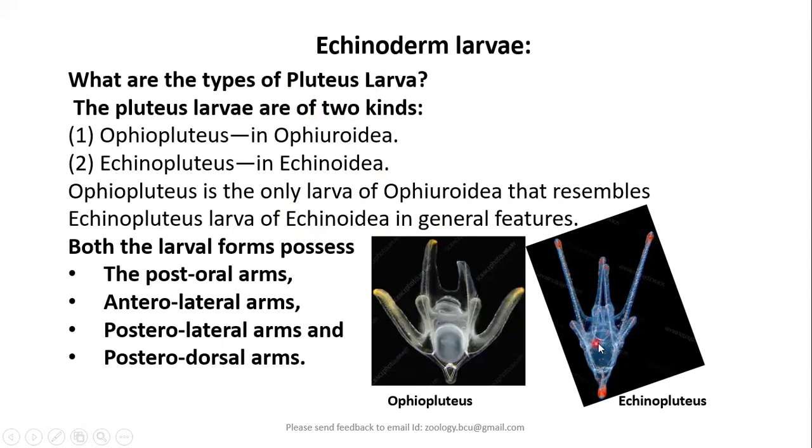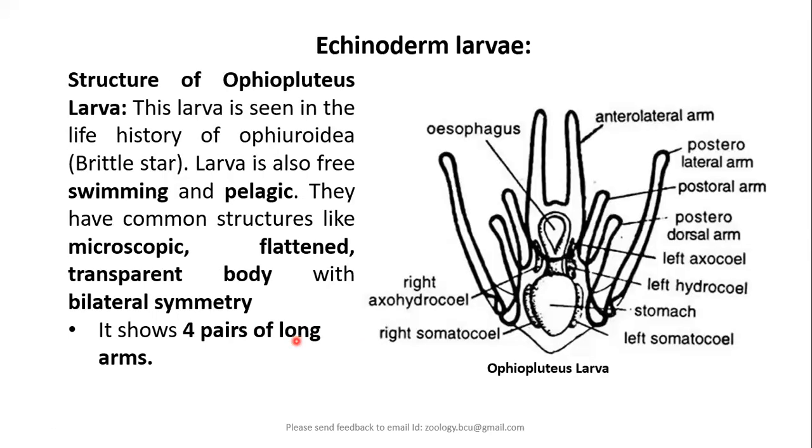So what is the common feature in these two larvae, the Ophiopluteus larva and Echinopluteus larva? As you see here, they have 4 pairs of similar arms. What are they? The postoral arms, anterolateral arms, posterolateral arms, and posterodorsal arms. So in both larvae, we have 4 pairs of arms which are similar.